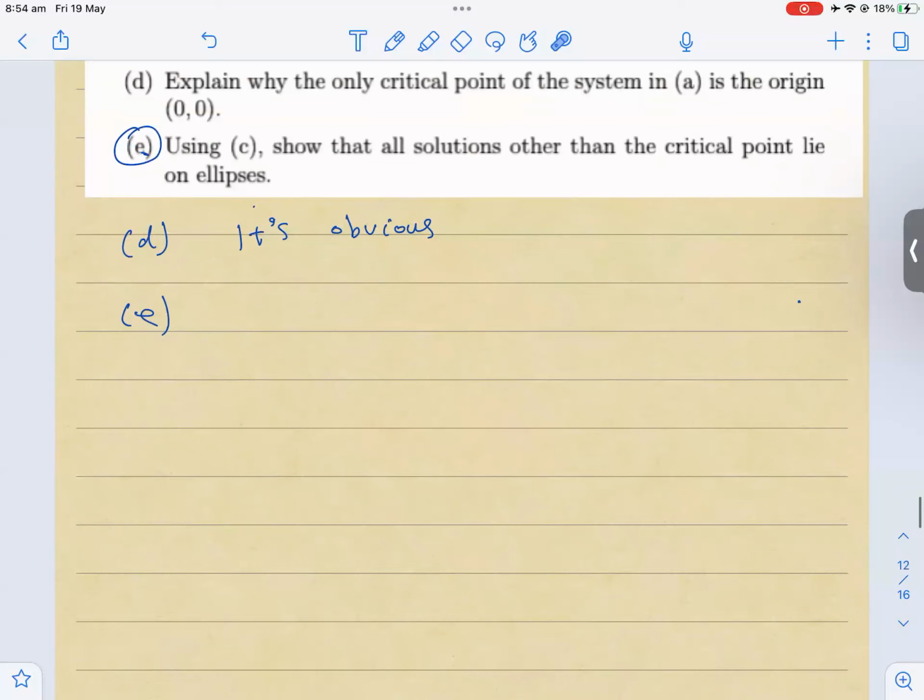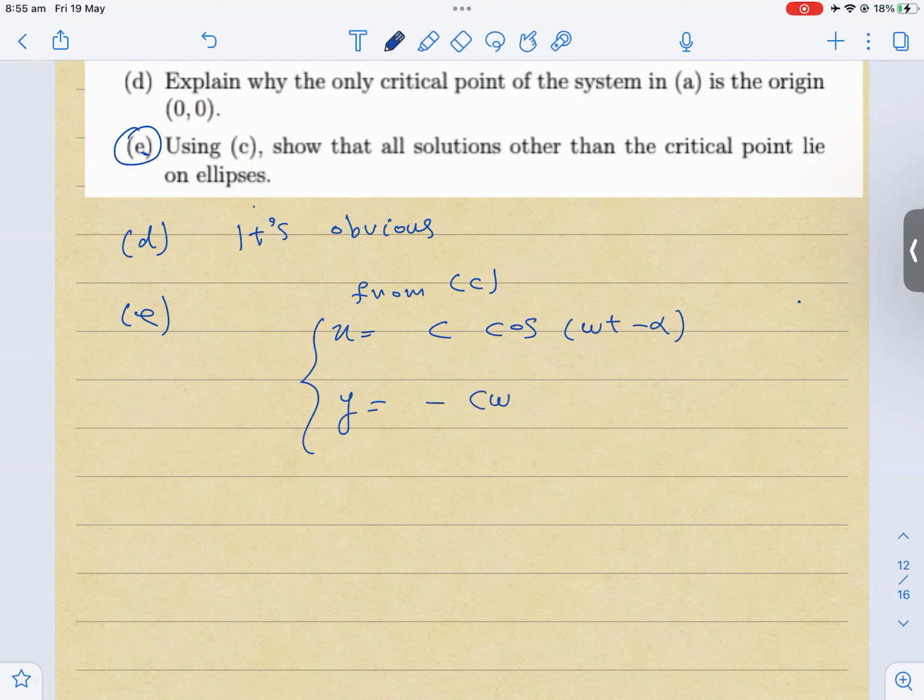All right. So part E, let's be quick. X is from part C. X is equal to C cos of omega t minus alpha. And Y is equal to minus C omega sine of omega t minus alpha.